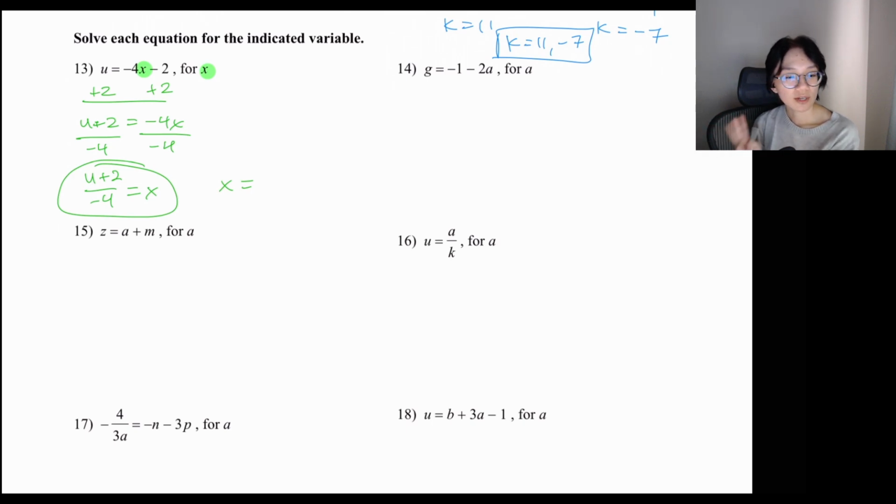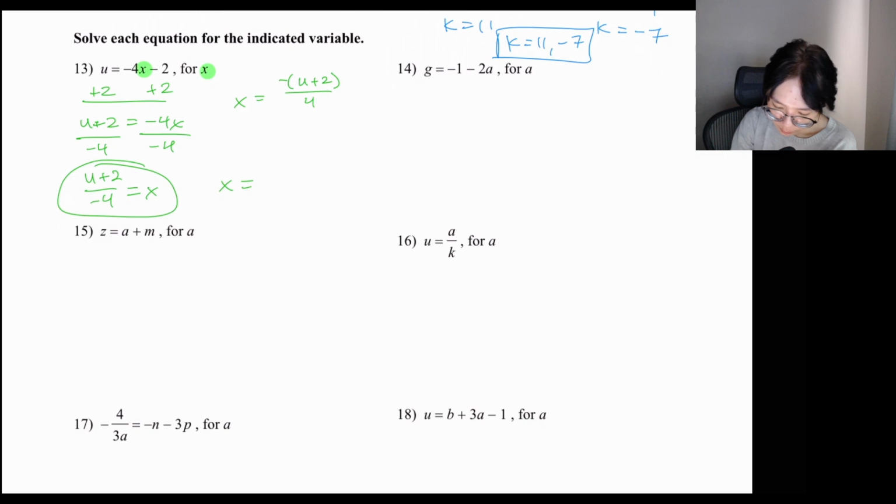Second, no negative in the denominator. How do you get that negative out of the denominator? You just move it upwards, like multiplying the entire thing by that negative. So over here, it would be x equals negative parentheses u plus 2 over 4.